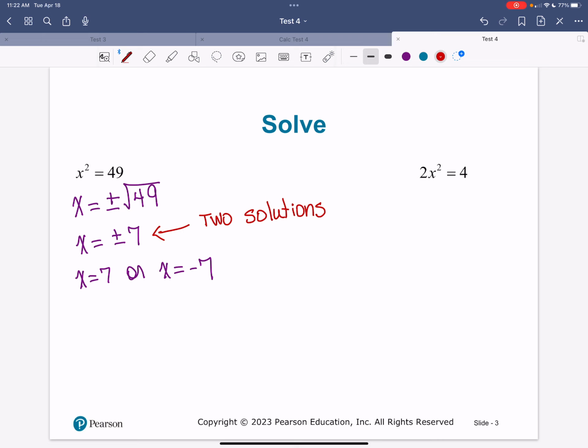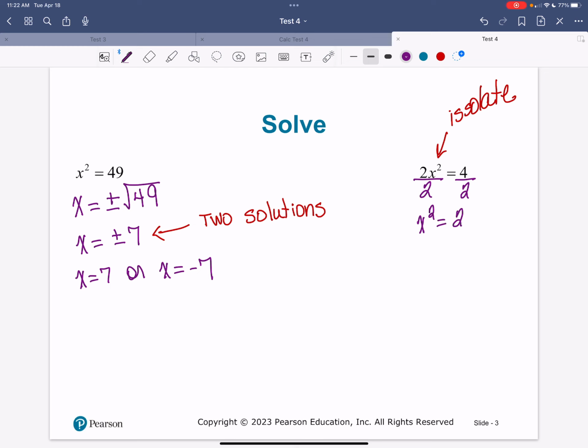Now, for this next one, I've got to isolate the x squared first. So I want to go ahead and divide both sides by 2. Then I'm left with x squared equals 2.